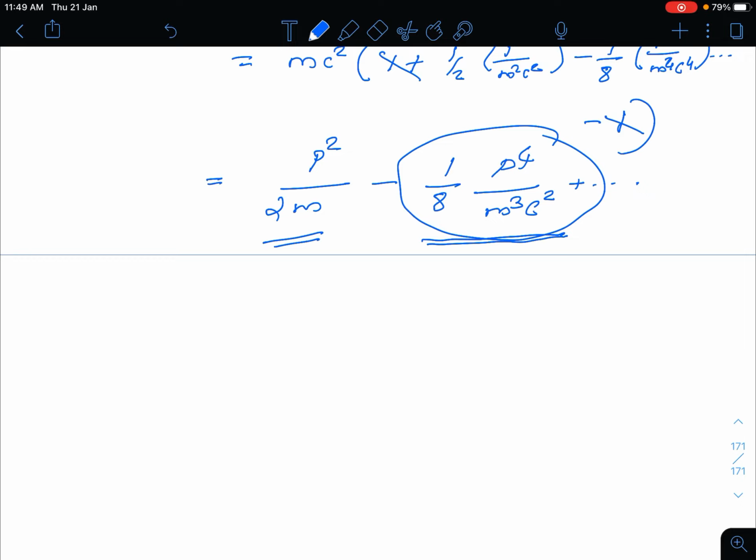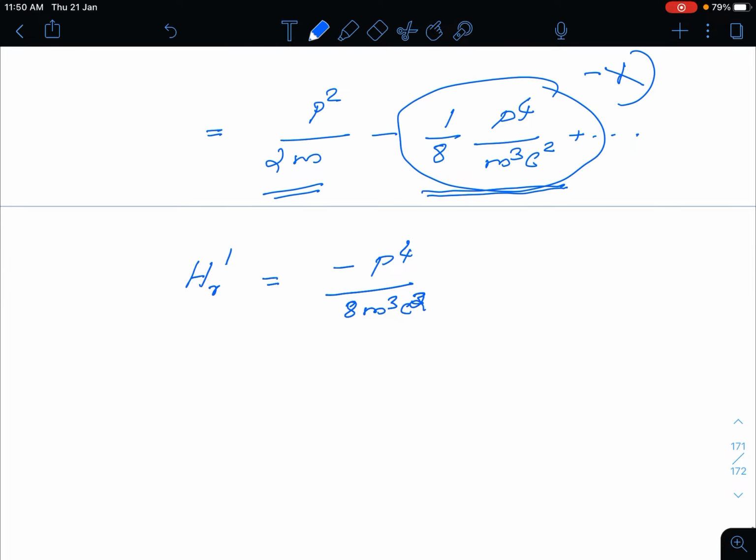The higher terms will be much smaller. So the first correction, let us call it H_r dash, the relativistic correction, is simply minus p raised to 4 divided by 8 m cube c square. So this is the first correction.